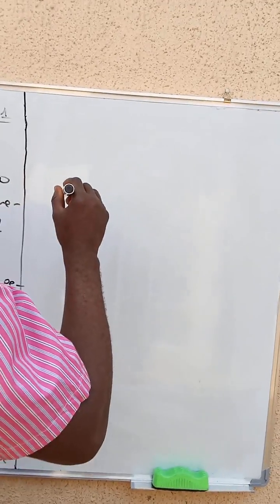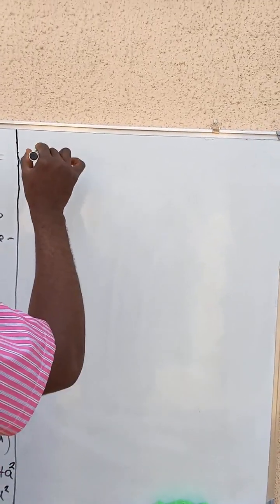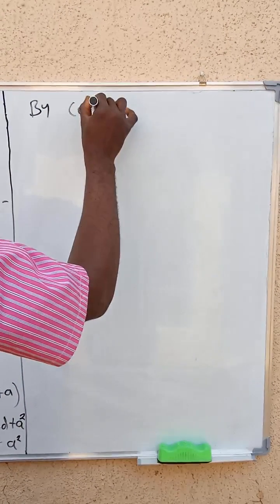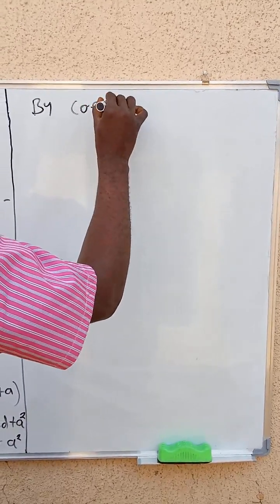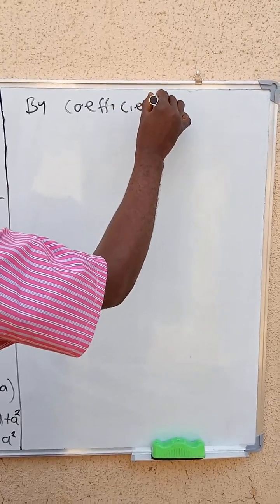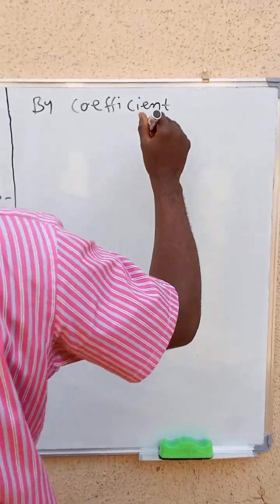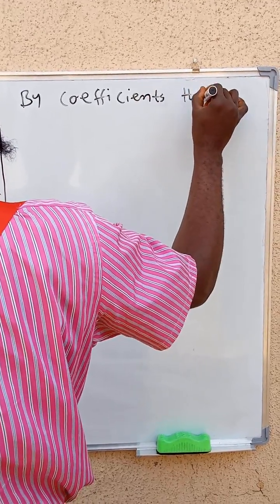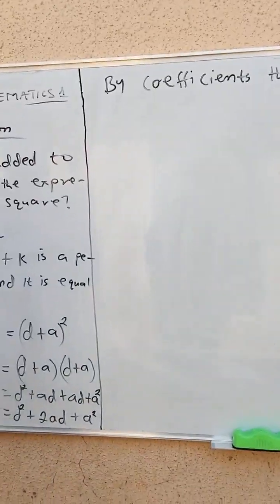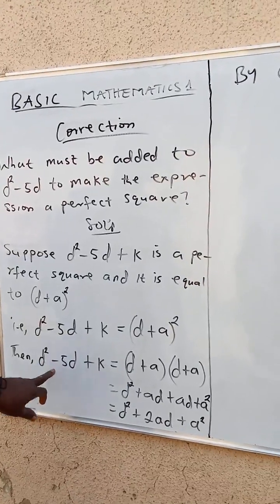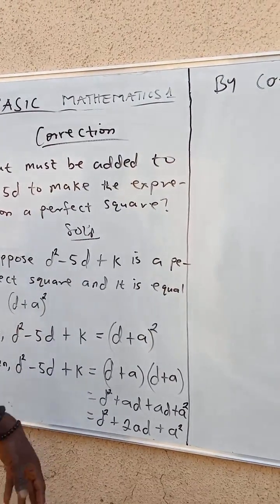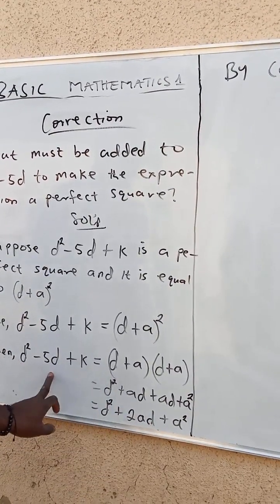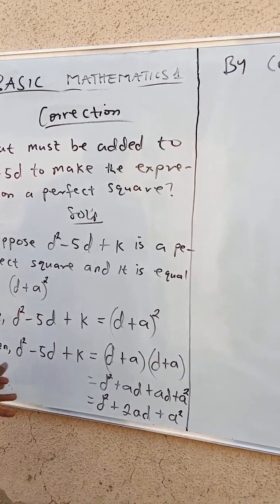Now if you have that, then you say, by comparing coefficients, thus. Good. Now look at the expression. We're having d squared, we're having d squared, so this and this has gone. I have minus 5d, I have 2ad. So the coefficient of d on the left hand side is minus 5.